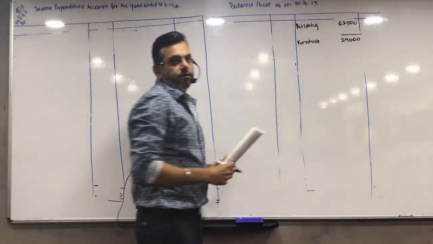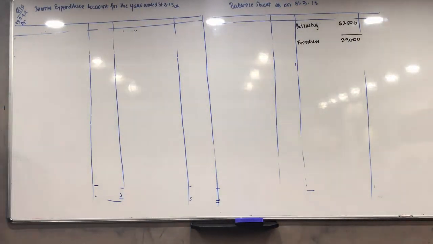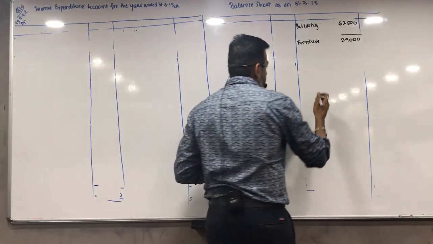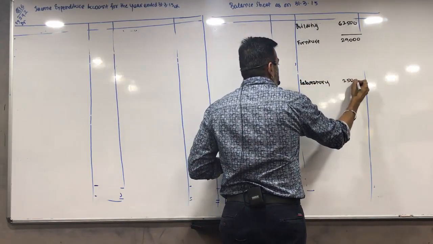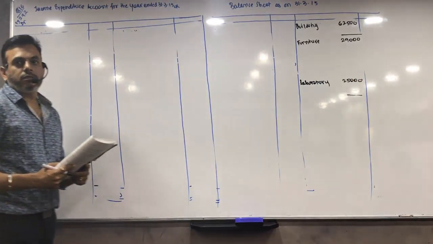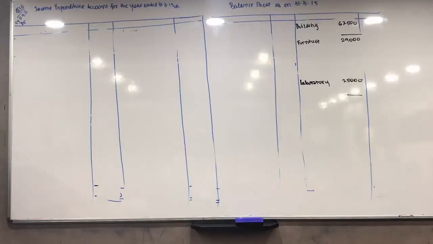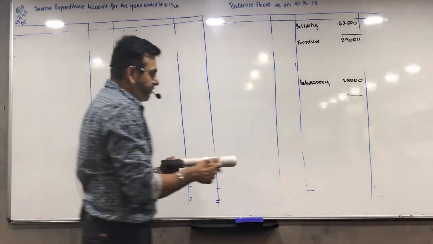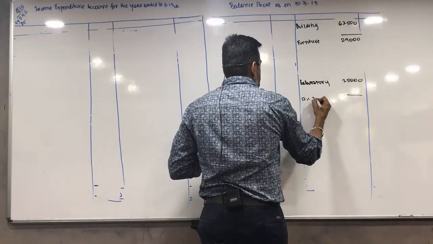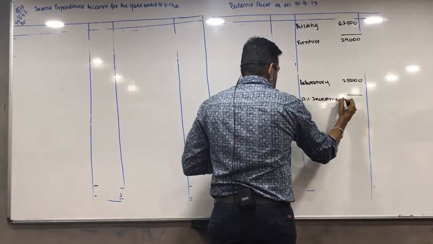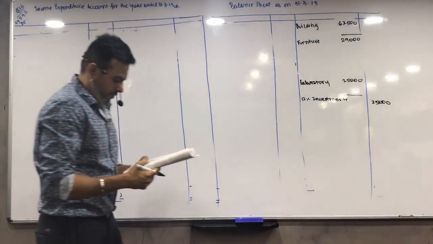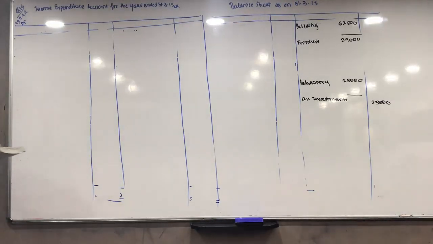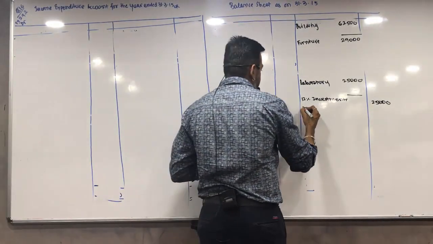Leave 5 lines blank after furniture. Lab 25,000. 12% investment 25,000. Library, inner column 25,000.